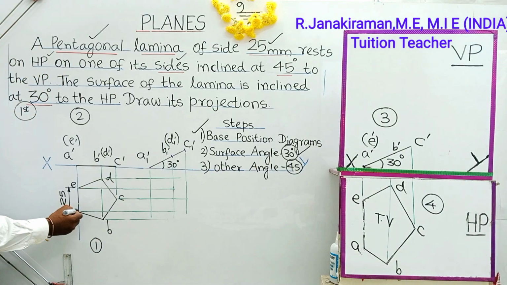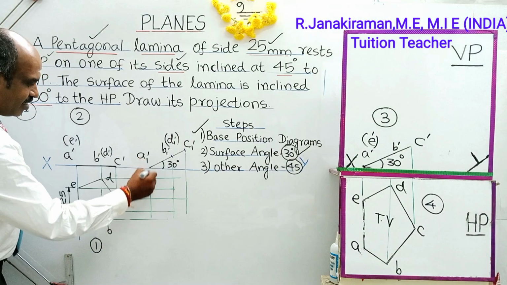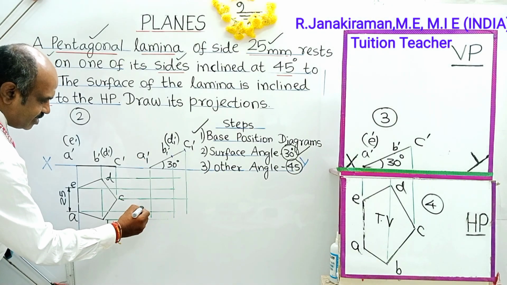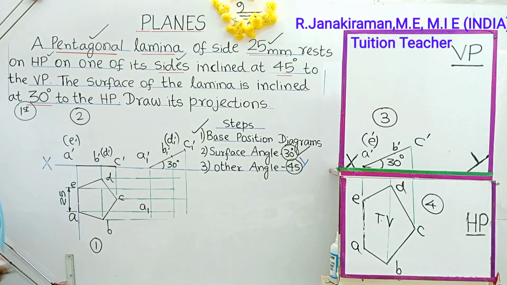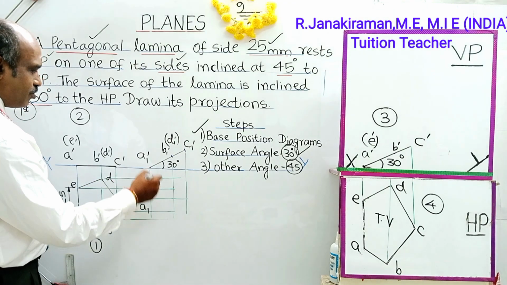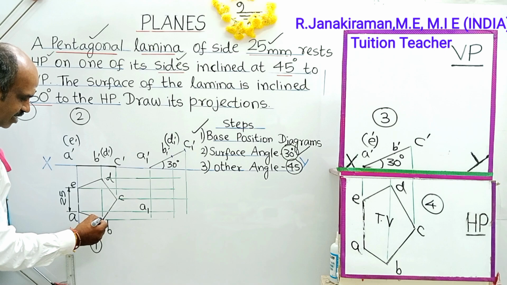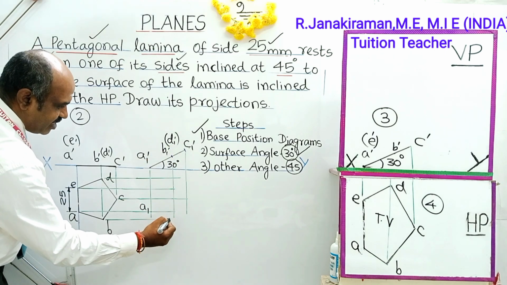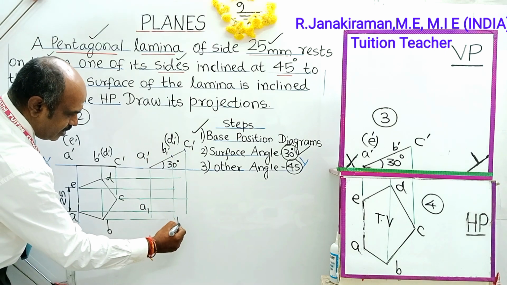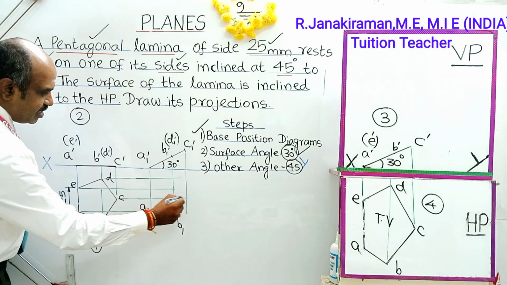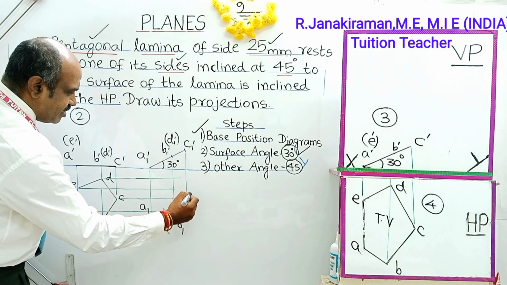So this is horizontal A and vertical A. Both intersections of this point shall be marked as A suffix 1. Okay, top view means simply letters will come, dash will not come. B, horizontal B, vertical B. The point of intersection shall be marked as B suffix 1. Similarly, horizontal C, vertical C. This is C suffix 1.